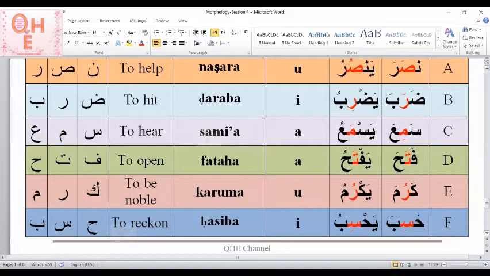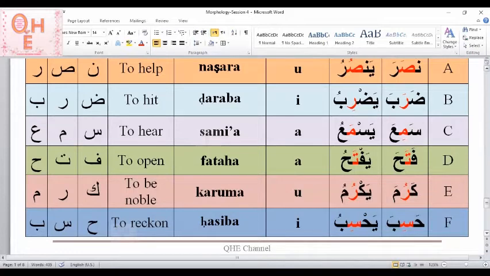That's how I get hasiba. Okay, for the active present tense, the second root letter should have kasra, right? Because I see letter I. That's how I get yahsibu.